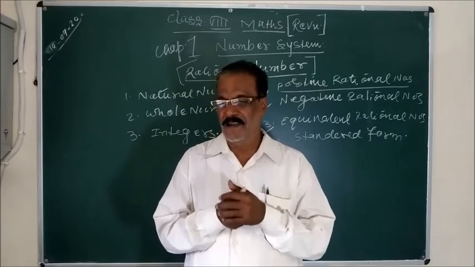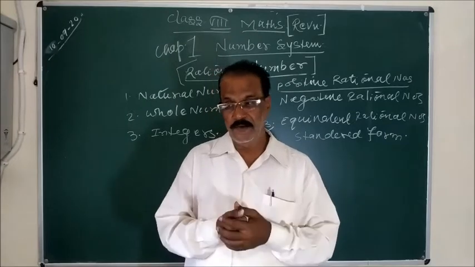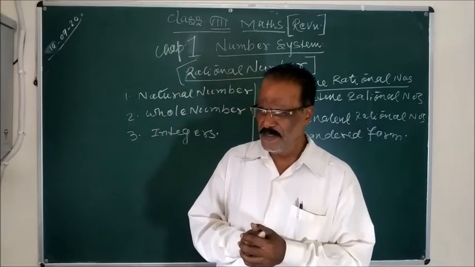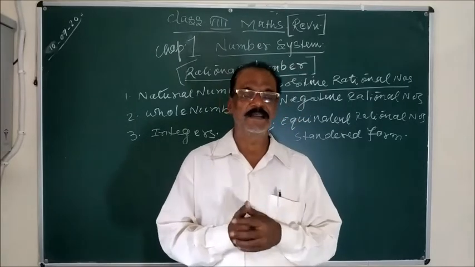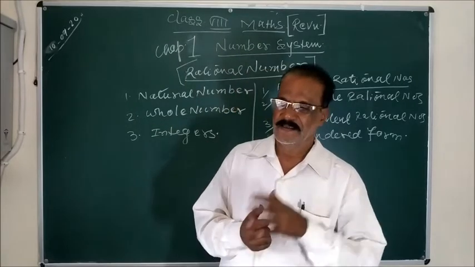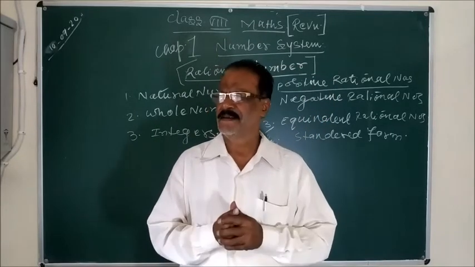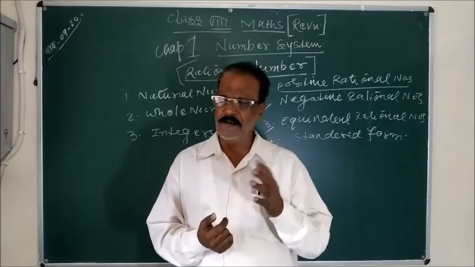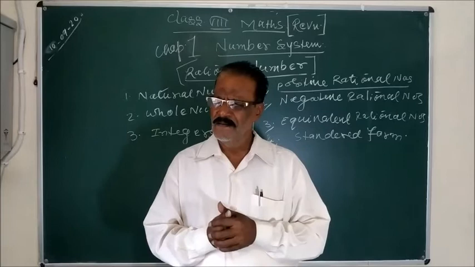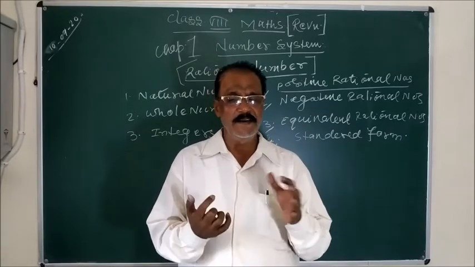If you ask, sir, what is the largest natural number? As I told you, in any number, you can find the successor. Successor and predecessor you must have studied. Successor means if you add 1 to any number, we get the next number. What does it mean?